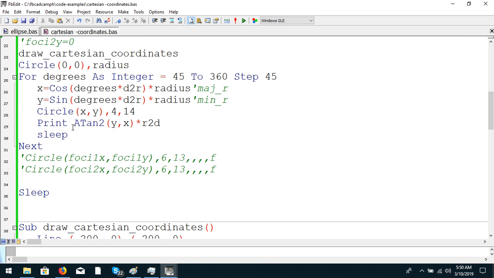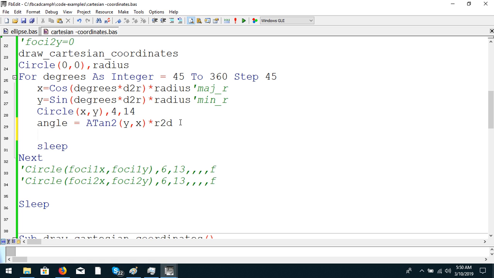Instead of saying print that, we'll say angle equals arctangent 2 times radians 2 degrees. And then I'll say print angle. Oh, first of all, I'll just say if angle is less than 0, then angle equals angle plus 360.